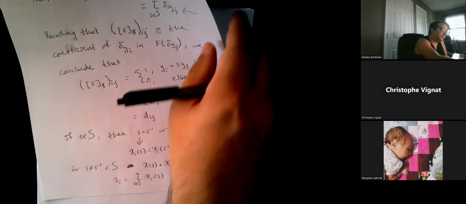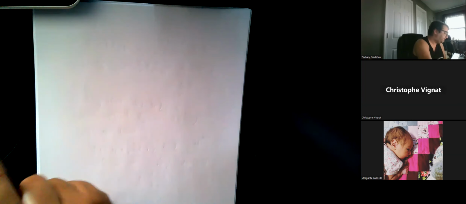Okay, so that is a nice application of representation theory, or at least character theory, to the theory of Cayley graphs.